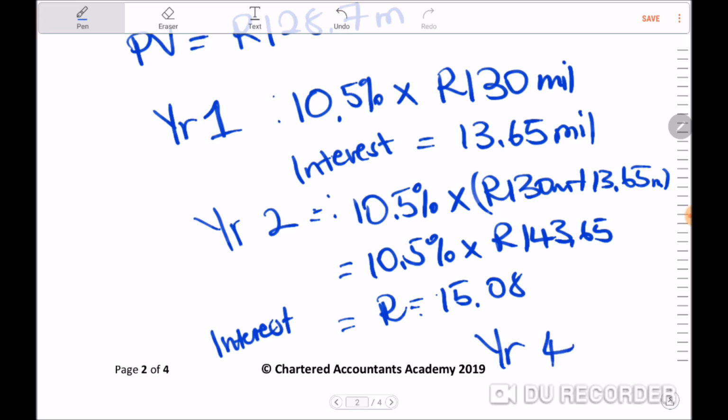So I'm sure, having given you the skeleton, you can now go back and calculate for yourself how you calculate the interest.